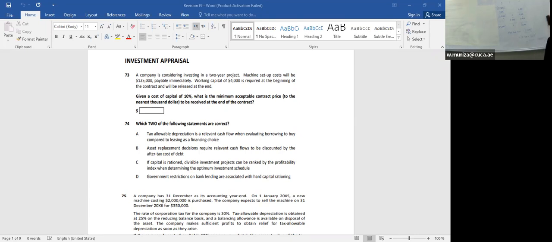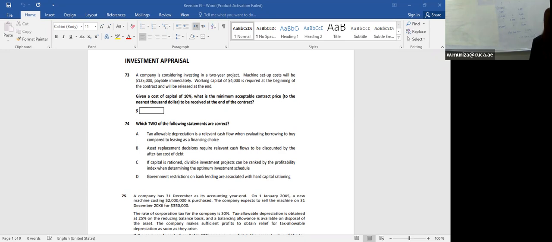Option B, asset replacement decisions require relevant cash flows to be discounted by the after-tax cost of debt. This is wrong. Basically, the cost of capital is used for asset replacement decisions. We do not use after-tax cost of debt for asset replacement decisions.